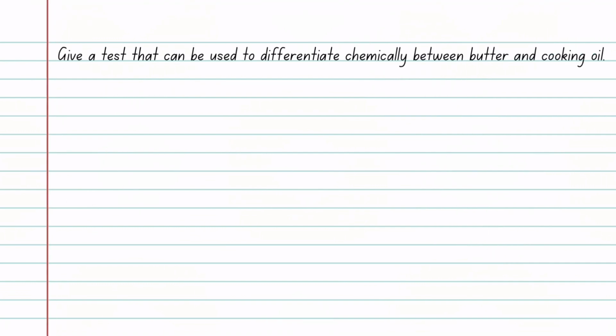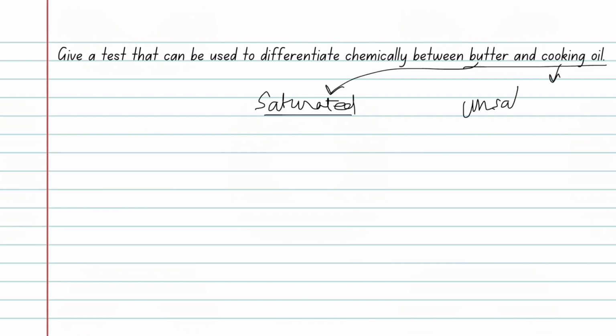Give a test to distinguish between butter and cooking oil. Okay, so butter is a saturated compound and cooking oil is unsaturated. And when you have to test between saturated and unsaturated, there's a very simple test.